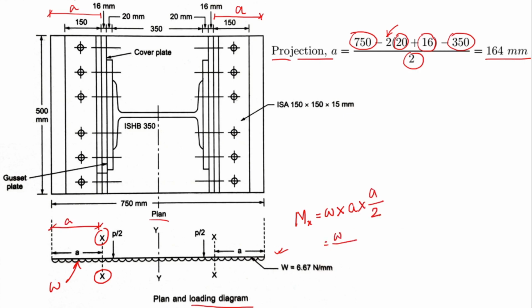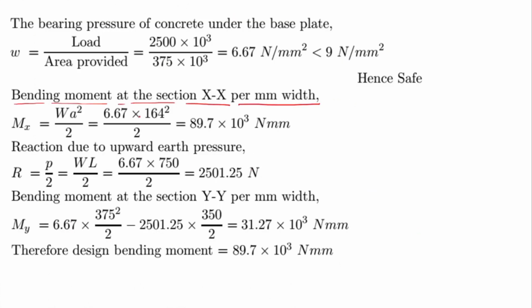That means W A square by 2 will give us the moment at section XX. If I put the value, W is 6.67, A is 164, and the moment at X is calculated as 89.7 into 10 cube Newton mm.